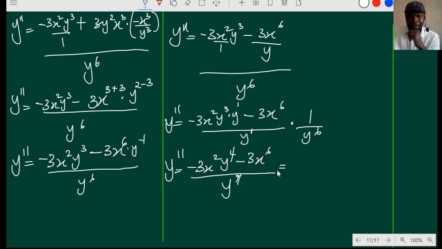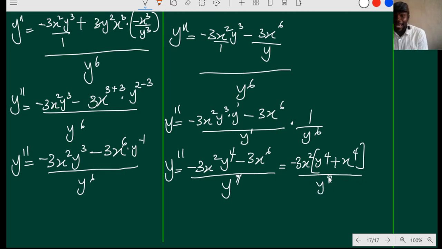But let's try to do something. You discover that 3x squared is common. Let's put it, minus 3x squared is common. Now remaining, when we remove 3x squared, here will be y to the power 4 plus x raised to power 4 over y raised to power 7.